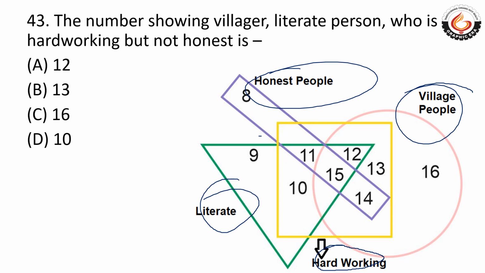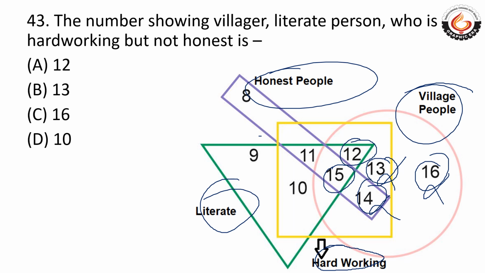Start from one thing. If they're talking about villager first of all, the answer should be from this only because the rest are not villagers. Now they are asking literate also. The answer should be from this triangle. So 13, 14 and 16 are cancelled because these are not literate. 12 and 15 are the only literate ones.